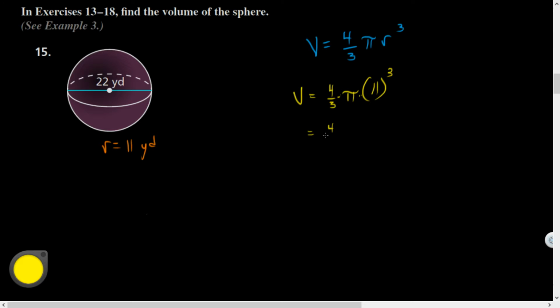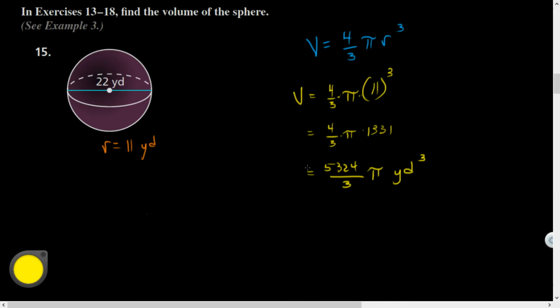By the way, 11 is a number that happens to have multiple palindromic perfect squares, cubes, powers. So 1331 multiplied by 4 is 5,324, divided by 3, times pi. And this is going to be measured in yards cubed.